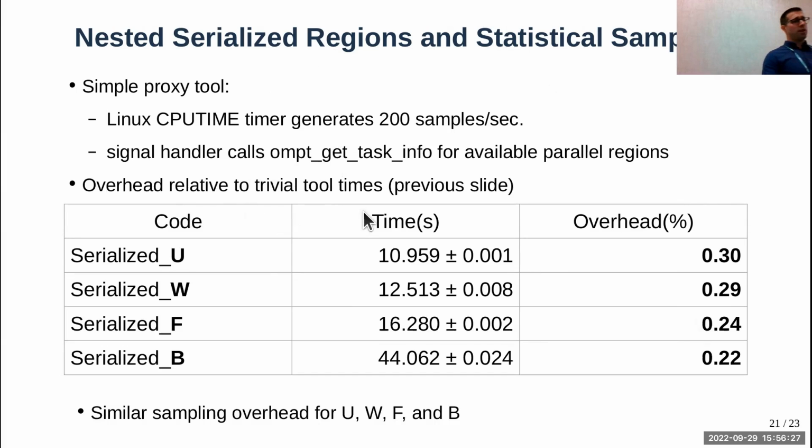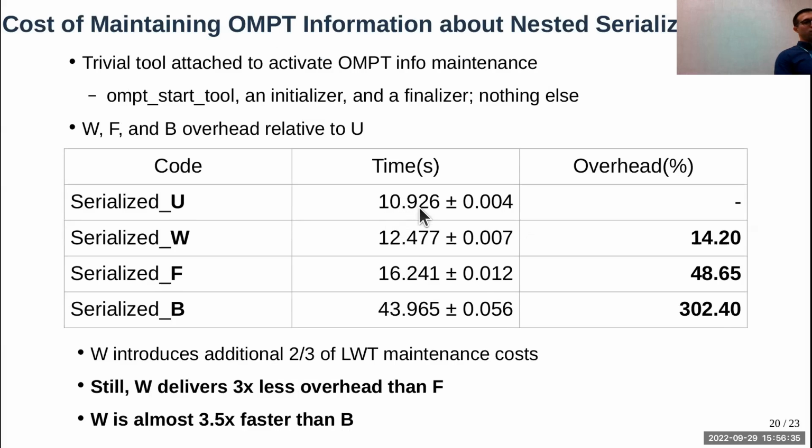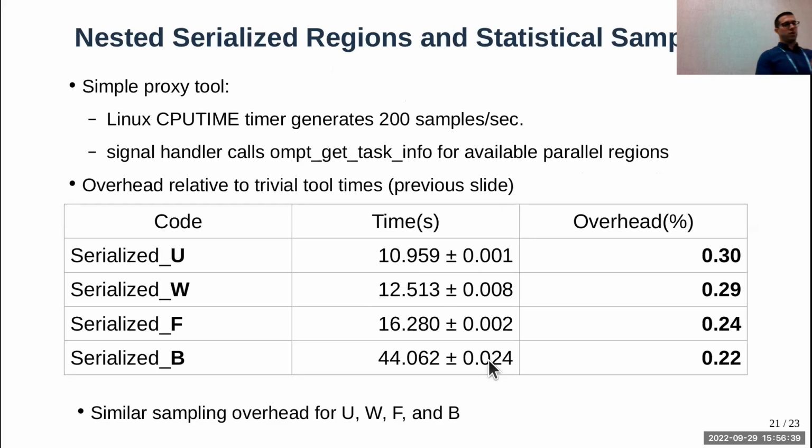And we calculated the overhead relative to the trivial tool time. So we compare this execution time with this one, and so forth, just to see what's the overhead of sampling on top of OMPT information maintenance. And we found out that pretty much all versions have similar sampling overhead, so everything's okay.